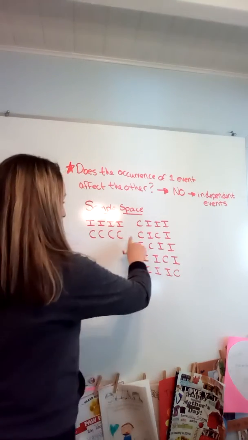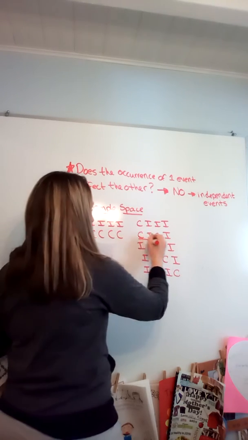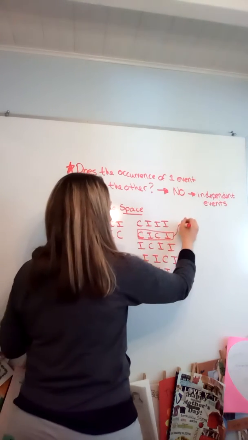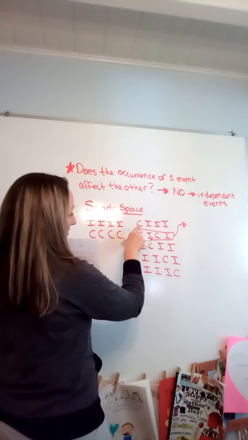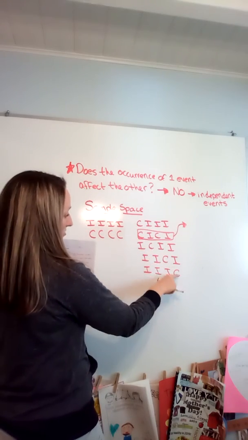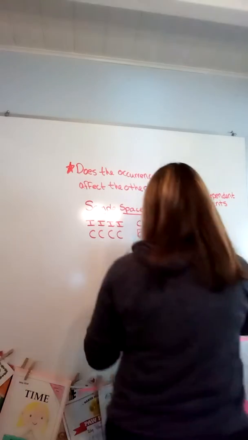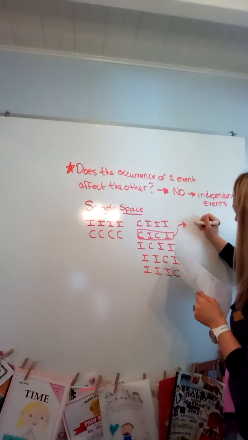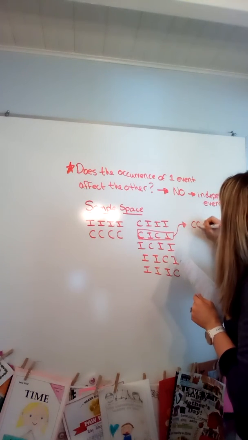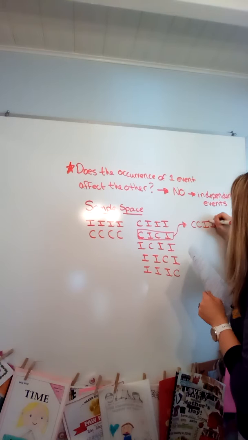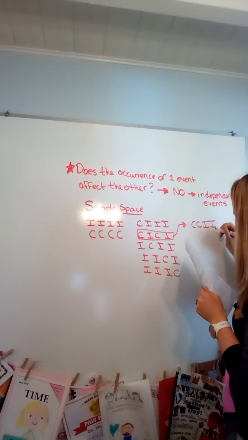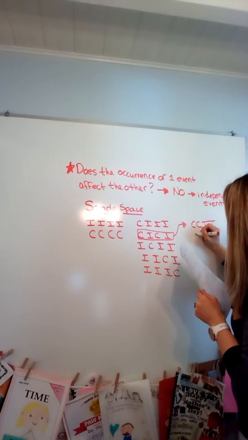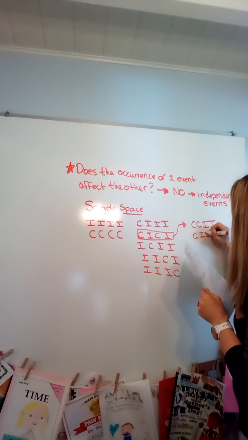All right, this one's kind of out of place. I should put this one over in my next column, so I kind of follow a pattern, right? C in the first spot, second spot, third spot, fourth spot. Correct, correct, incorrect, incorrect, and then correct, incorrect, incorrect, correct.